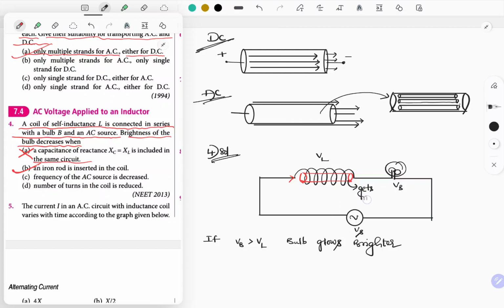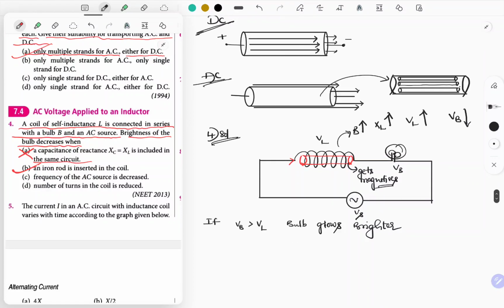If it gets magnetized, then what happens to the magnetic field? In this case, the magnetic field increases. If the magnetic field increases, the XL value increases, that is inductive reactance. If inductive reactance increases, VL also increases. If VL increases, definitely VB decreases. This is how we can reduce the brightness of the bulb.